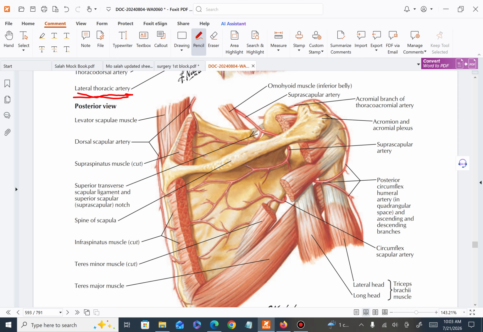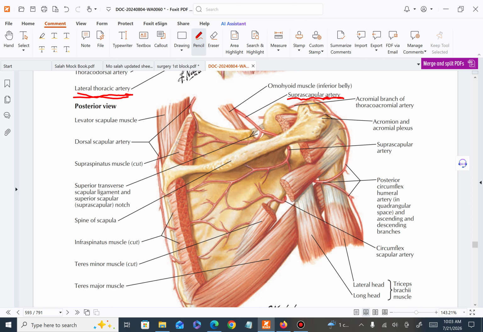This is the importance of the anastomosis around the scapula. The arteries which contribute to it are three in number. The first artery is the suprascapular artery. It comes from the thyrocervical trunk, which is a branch from the first part of the subclavian artery.